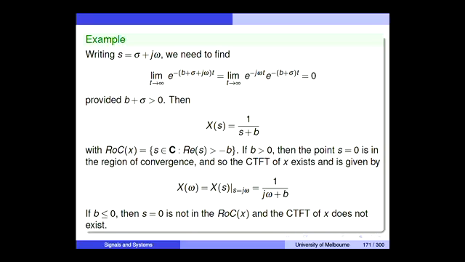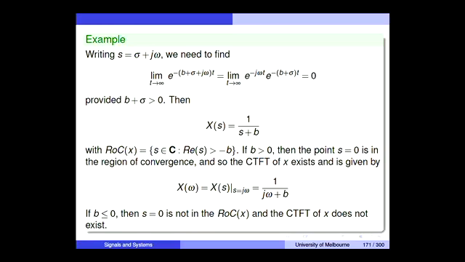And you can see for this case, if b is positive, then 0 satisfies this condition, and my Fourier transform exists. In this case, in my region of convergence, 0 is larger than minus b, so 0 is inside the region of convergence, and I can set s equal to j omega.